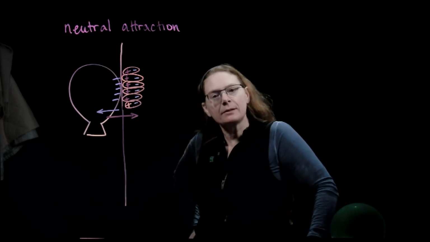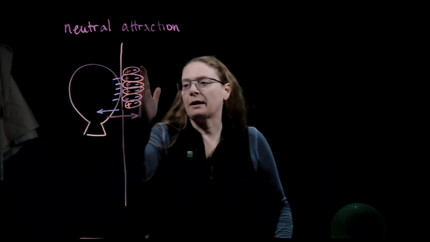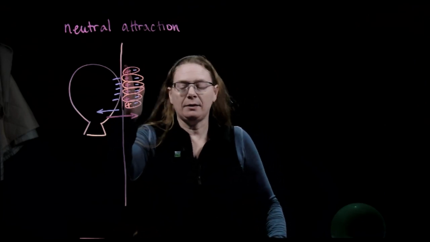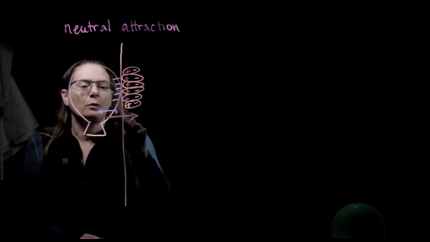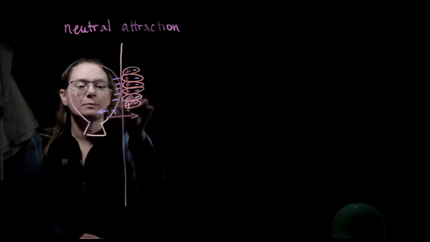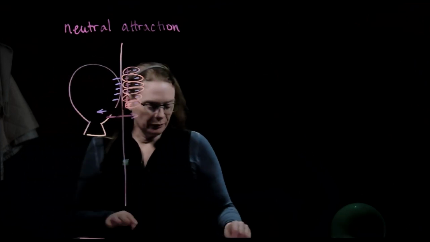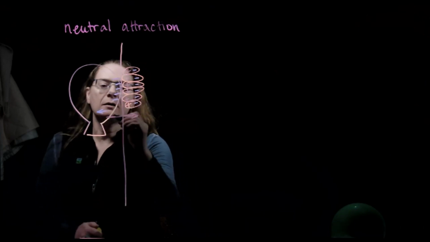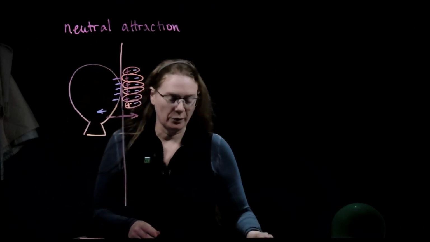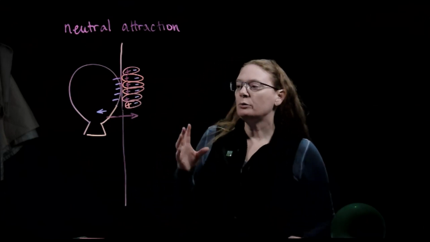Well, it's the distance piece. Because these negatives are effectively farther away than the positives, we have a larger attractive force and a smaller repelling force. What's going to happen overall? Attraction.